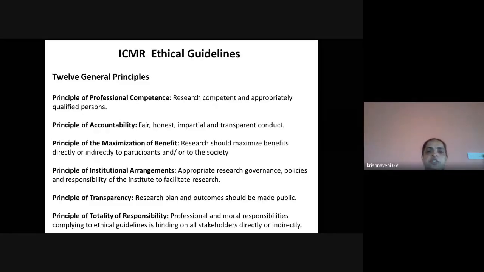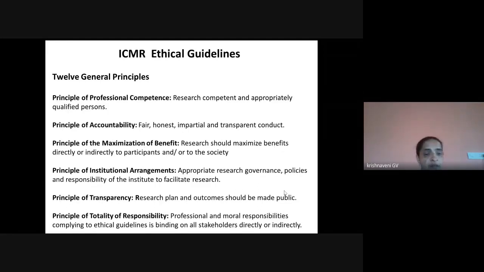And there is the institutional arrangement, where the research takes place. The institute should have appropriate policies to monitor the research, and also to provide facilities for the research. And as I said, there should be transparency, where all your reports and all your methodology should be publicly displayed if needed.